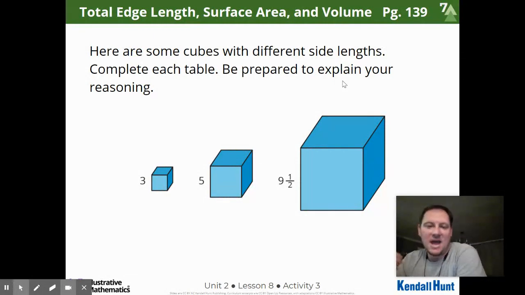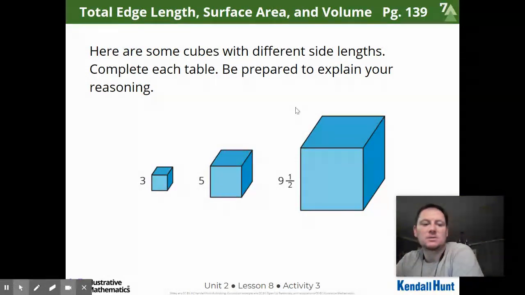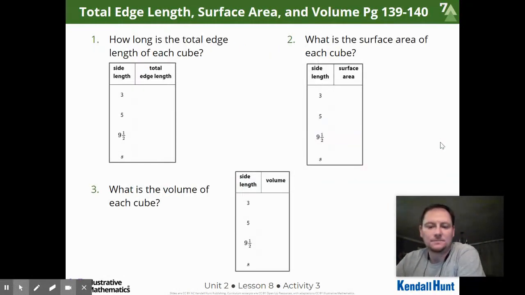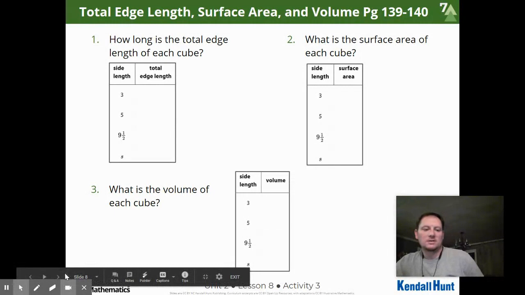It keeps teaching you to ask why, but it's also helping you answer those why questions. So here are the next tables: table 1, table 2, and table 3. Let's go ahead and get started.